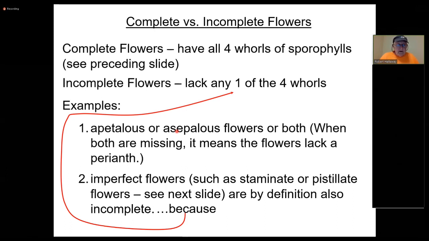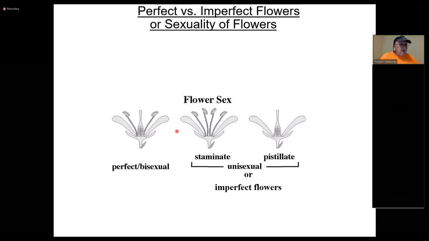Imperfect flowers are by definition automatically incomplete. But you can be incomplete and have no sepals or petals and still be perfect. All right, now let's talk about the sexuality of flowers, and then the next slide I'll be talking about the sexuality of the plant.